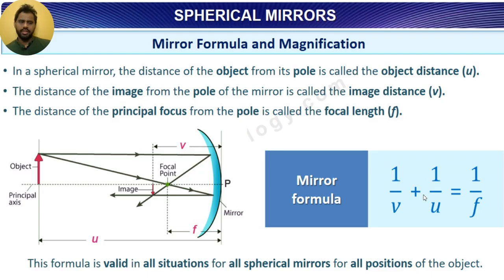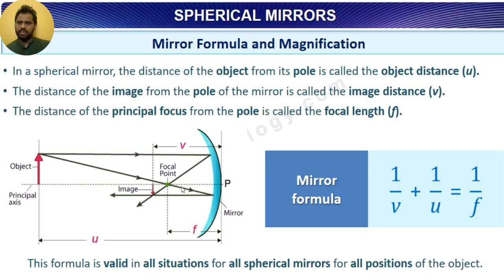It is denoted by u. And the distance of the image from the pole of the mirror is called the image distance. Okay, so this is the image distance. The distance of the principal focus from the pole is called the focal length f. Okay, so all distances are measured from the pole.